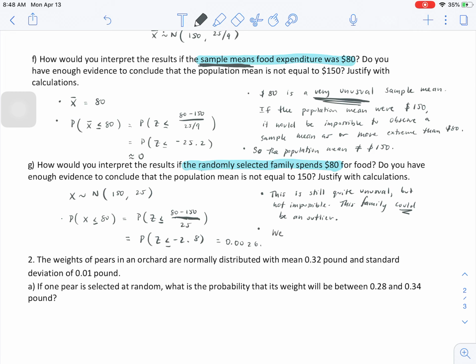So we still need more evidence. In other words, we don't have quite enough evidence right now to conclude that the population mean isn't $150.